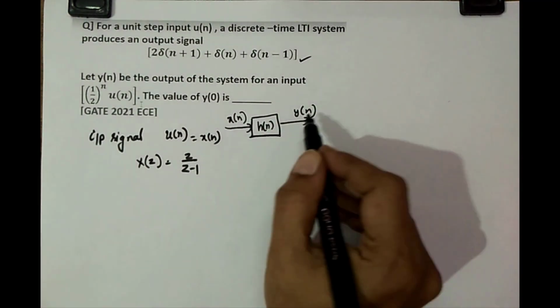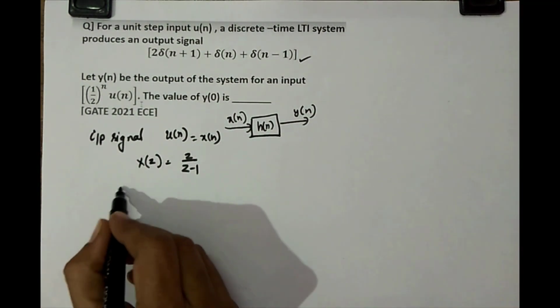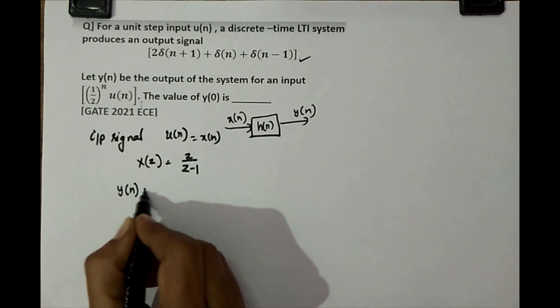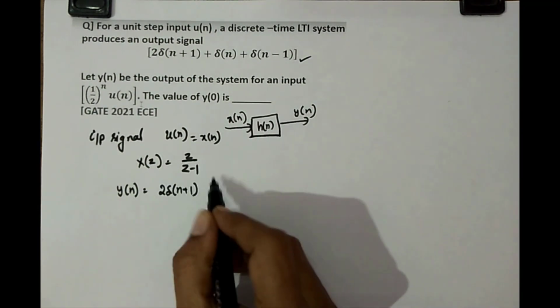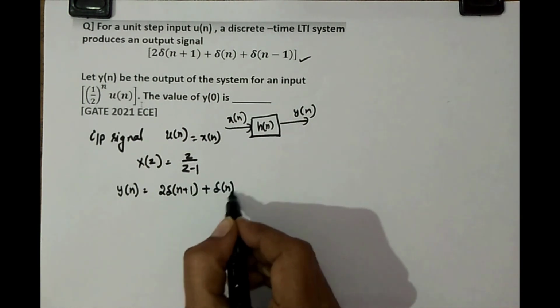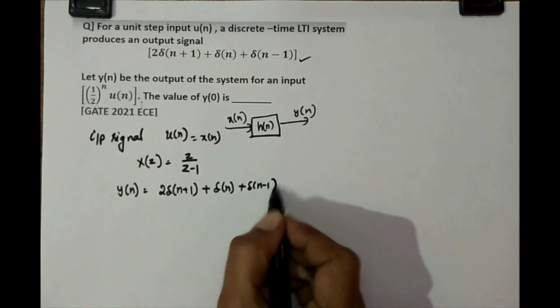Okay. And here the output signal y of n is given as 2 into delta of n plus 1 plus delta of n plus delta of n minus 1.